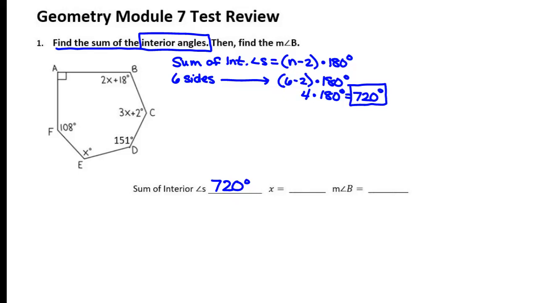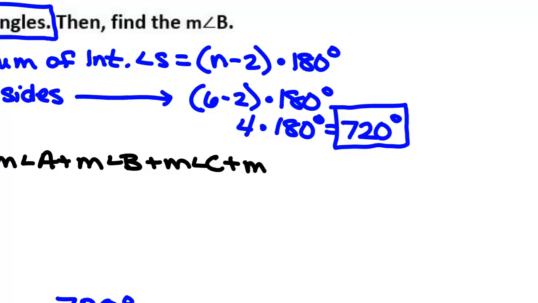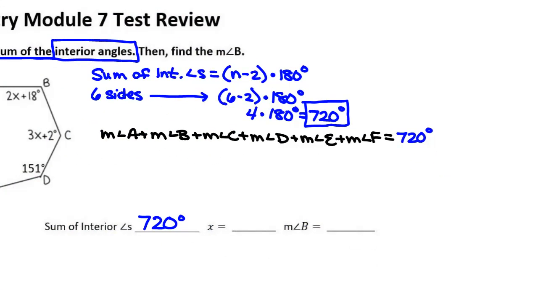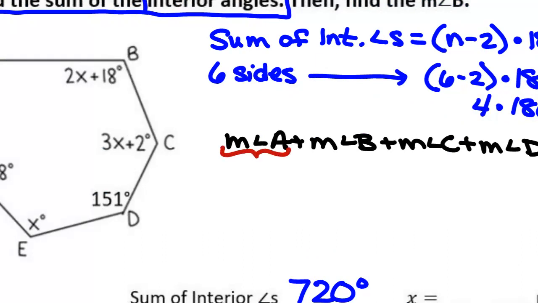We need to find x so that we can find the measurement of angle B. Well, the sum of all 6 of those angles is 720 degrees. So I can add those angles together. Measurement of angle A plus the measurement of angle B plus the measurement of angles C, D, and E. And measurement of angle F. And that is equal to 720 degrees. So now we start substituting in. How big is angle A? 90.